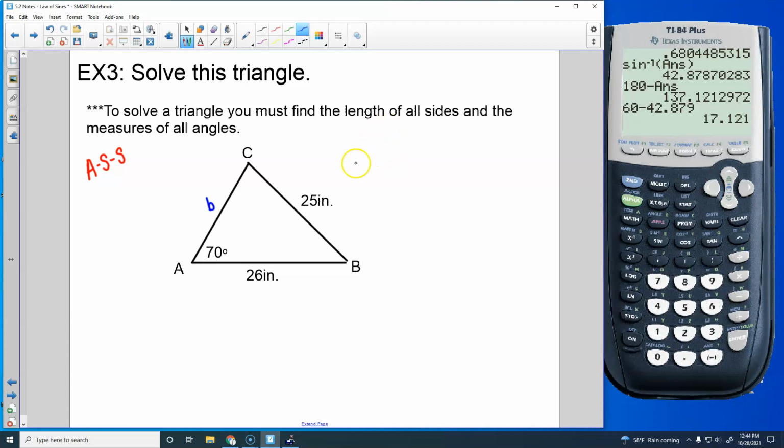So to set this up, we know angle 70. So we've got sine 70 over the side across from it, which is 25, equals, and we are going to have to find C here, so sine of C over the side across from it, which is 26.